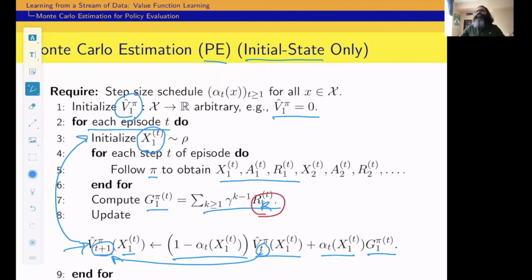Okay, I see. Yes, that's a good point. We have this structural property in an MDP that the same state should have the same value, but this procedure is not benefiting from it. This procedure essentially does not benefit from the Markov process or the MDP.